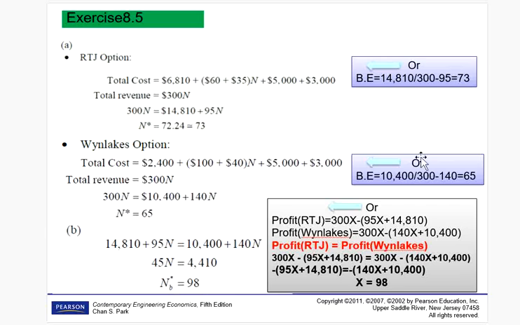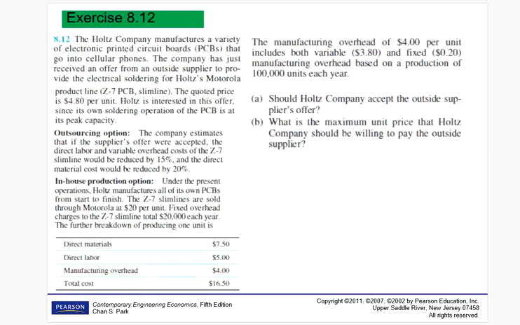Now we know the X; if you replace X with 98, this profit and this profit will be the same. Again, you can solve and confirm it by yourself, but the question was what is X, so we already calculated X. Next one, exercise 8.12.